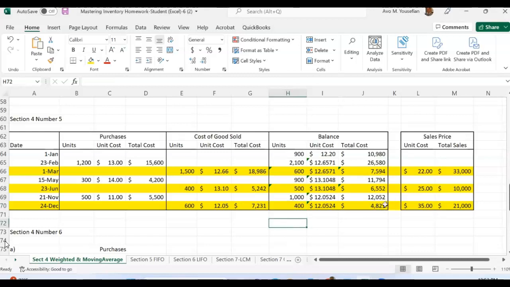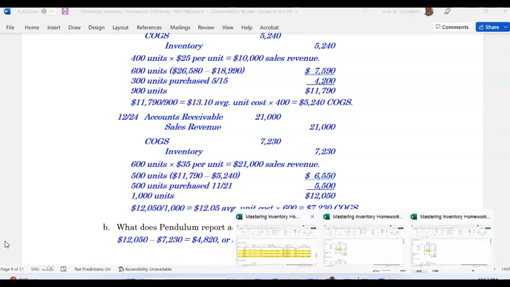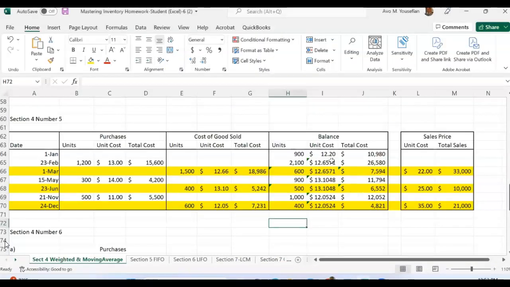So what is ending inventory balance? 4,821. And here is the ending balance. So you might say, oh, wait a moment, how come this one shows 4,820? The reason this one shows 4,820 is because it's not that accurate. The Excel is much more accurate because we are going with 4-digit decimal.